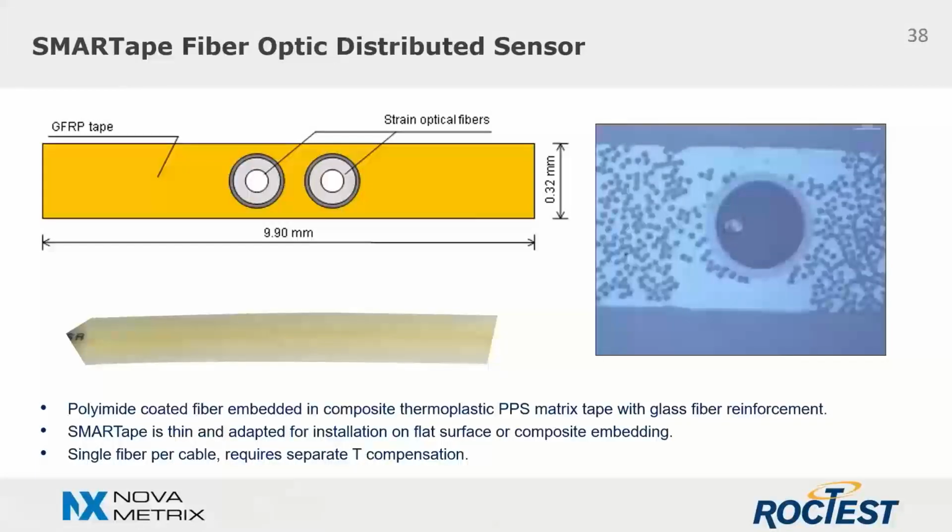This is the selected SMARTape strain sensor, in which two fibers are embedded in a composite thermoplastic tape with fiberglass reinforcement. So the sensor is very thin and very suitable to be glued on a flat surface of metal.